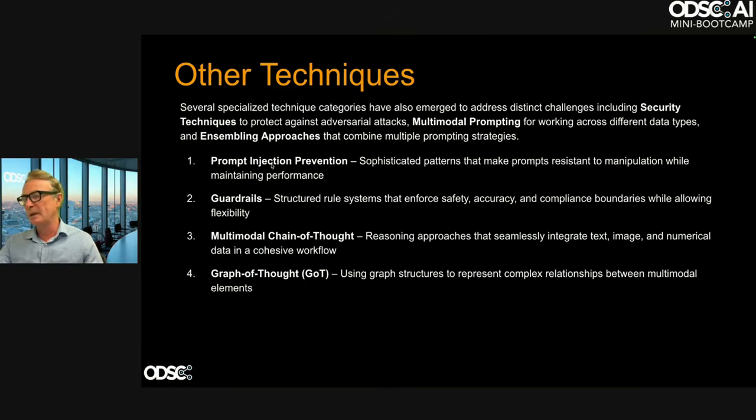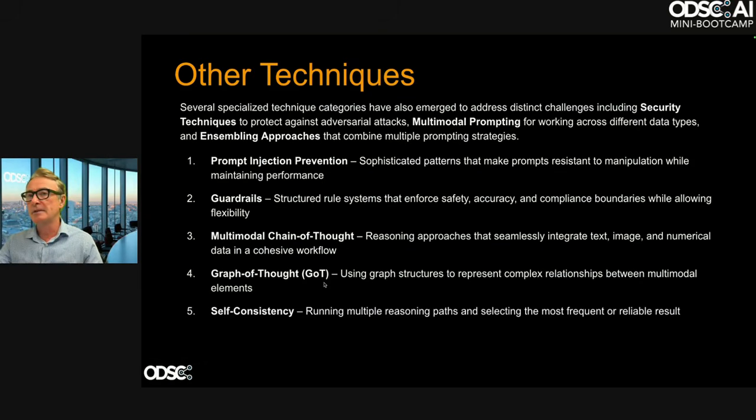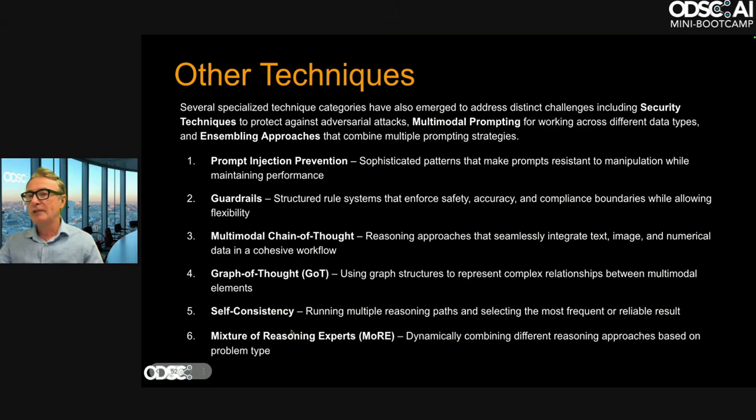Prompt injection, especially using things like MCP, graph of thought, all this stuff is coming around. And mixture of reasoning experts has actually been around for a year and a half. I think Mistral was the first one to do that. And we do not know the architecture of GPT-5, but even 4.5 and 4.0, people do believe it's a mixture of experts, which we talked about in our LLM session. We'll talk about that more.